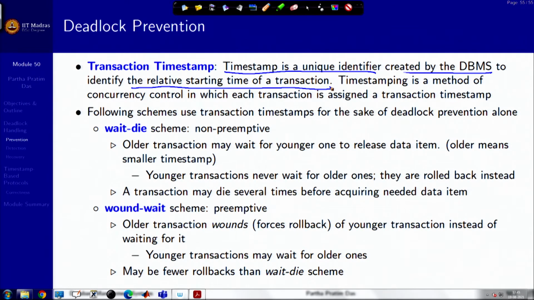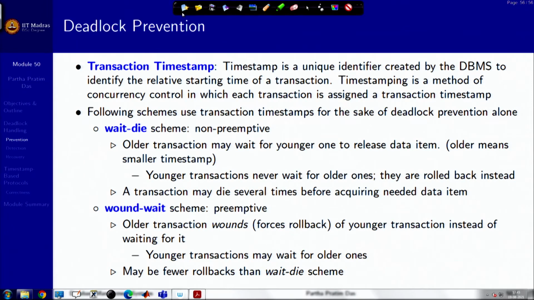It may not exactly be the clock time, but it just says which transaction was earlier and which was later, depending on when that transaction started executing. So, it is a method of concurrency control which can use this transaction timestamp.